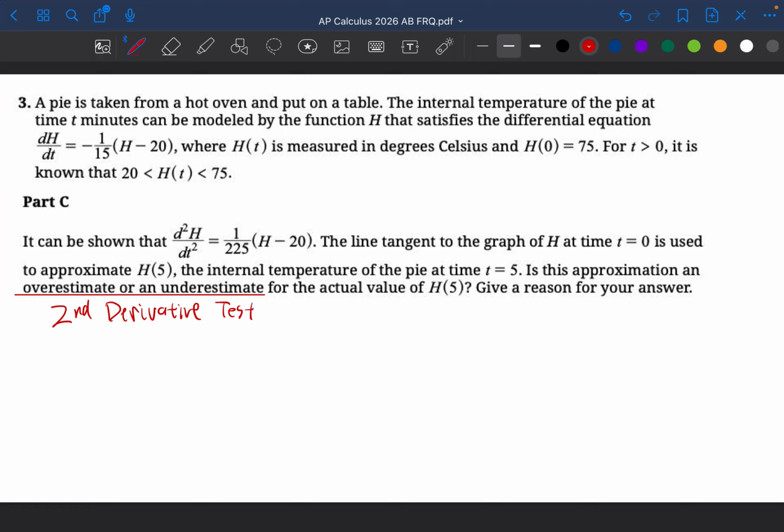And so we need to find the second derivative at the point that we used. So we go back to, at time t equals 0, h is 75. So we plug in h equals 75 into our second derivative.